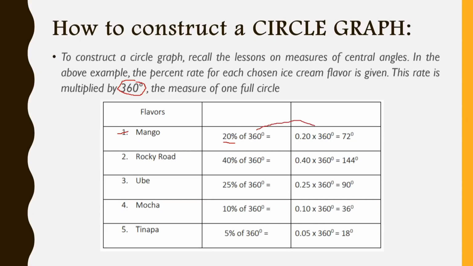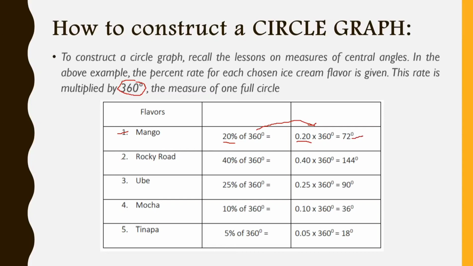In the next column, you will see 20% written as a decimal. So for us to multiply a percent by a number, we have to first change it into decimal. The equivalent of 20% is 0.20. Multiplying it by 360 degrees, the result is 72 degrees.